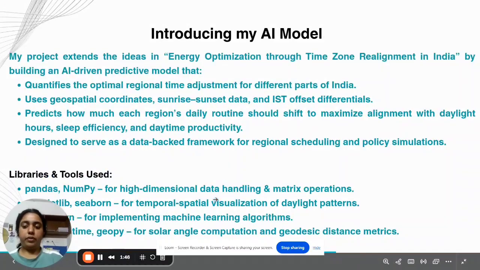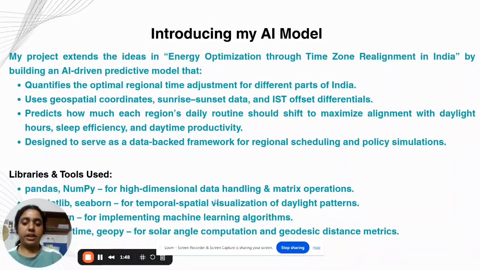The objective of our project was to analyze the hidden economic and environmental cost of India's single time zone and to develop an AI driven simulation model that quantifies the potential savings if India were to adopt regionally optimized time offsets. Our model combines geospatial, temporal, and behavioral data to predict hourly electricity consumption patterns under different time scenarios.